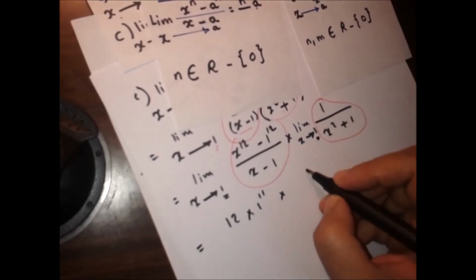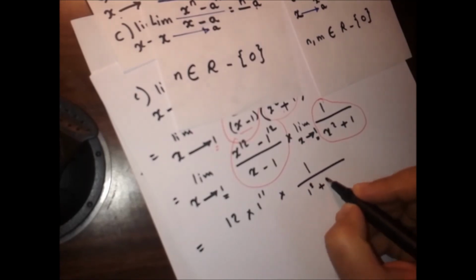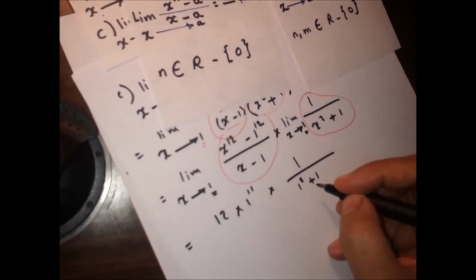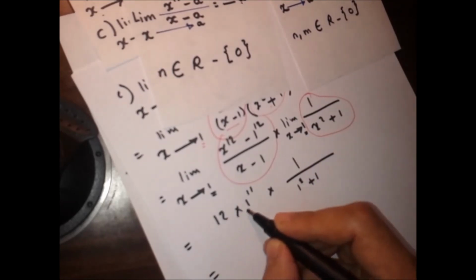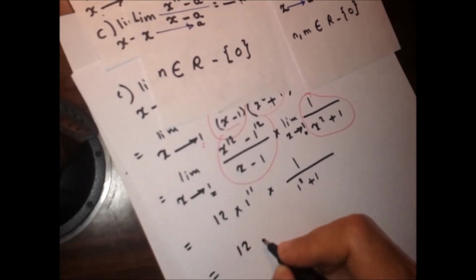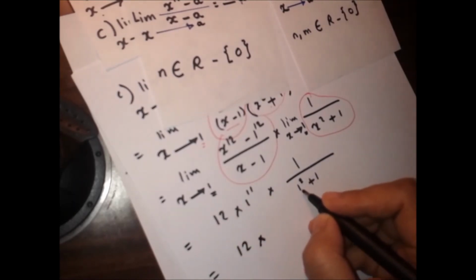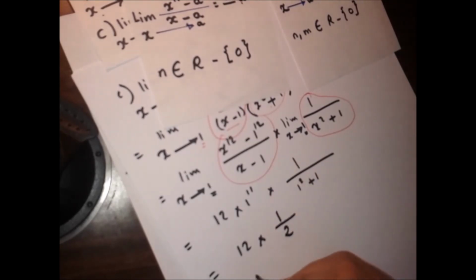So put x equal to 1, so 1 over 1 squared plus 1, so 1 squared is 1, not 2, of course, so 1 and 1 to be 2. So this is equal to 12 times 1 to the power 11 is 1, so 12 times 1 over 1 squared plus 1 to be 1 over 2, so 12 over 2 to be 6.